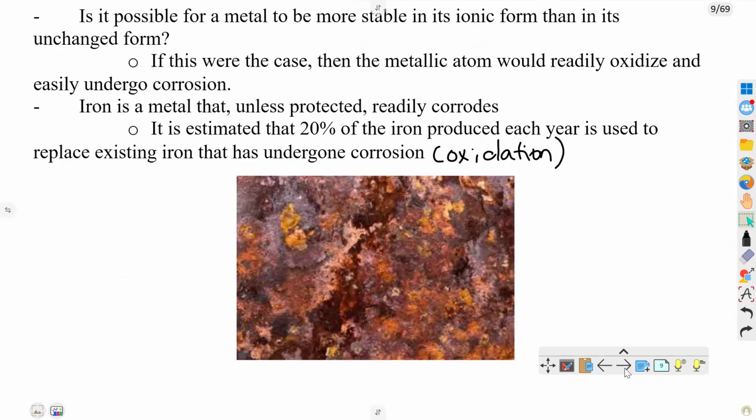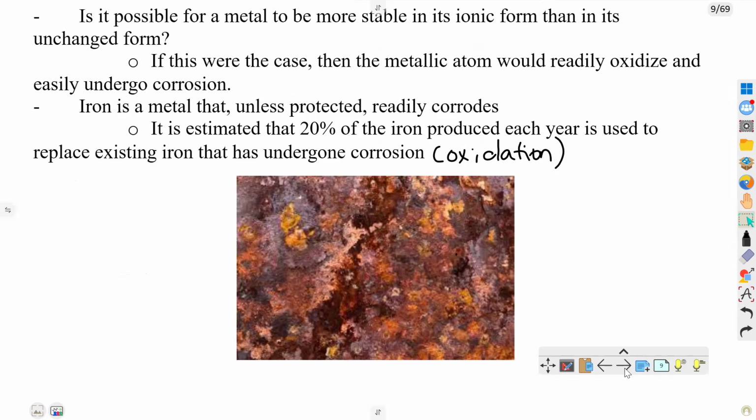Now, is it possible for a metal to be more stable in its ionic form than in its uncharged form? Yes. So, for example, take a look at iron. If the metallic atom, in this case iron, can be easily oxidized, that means it could easily undergo corrosion.